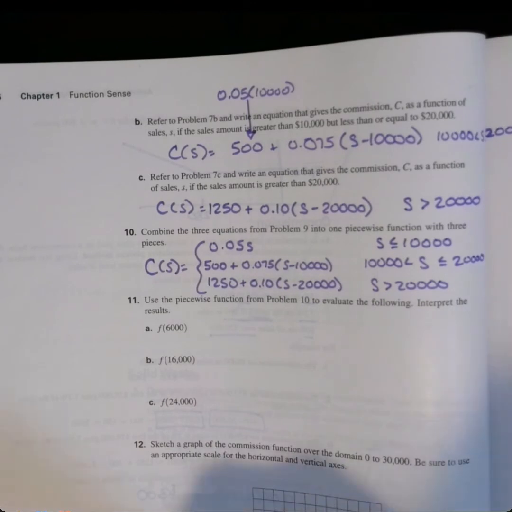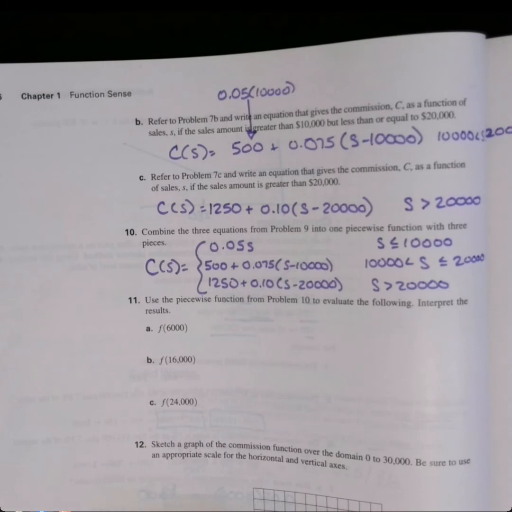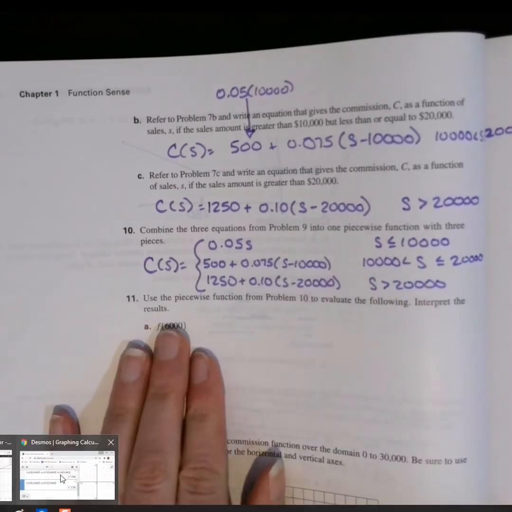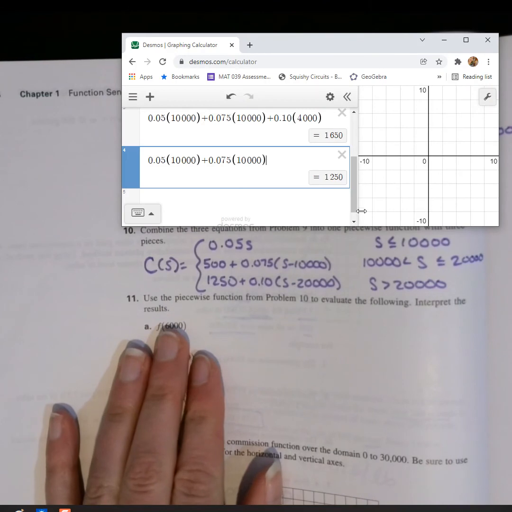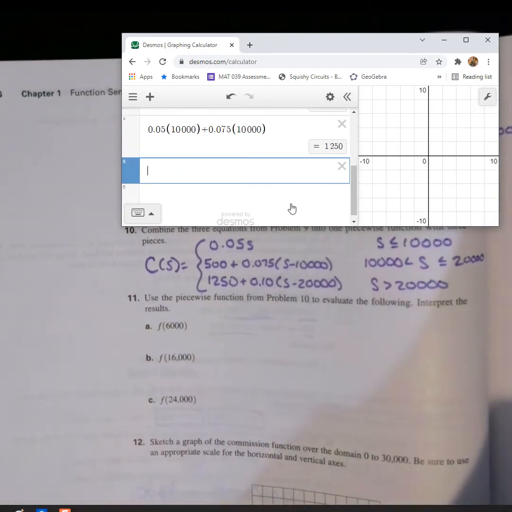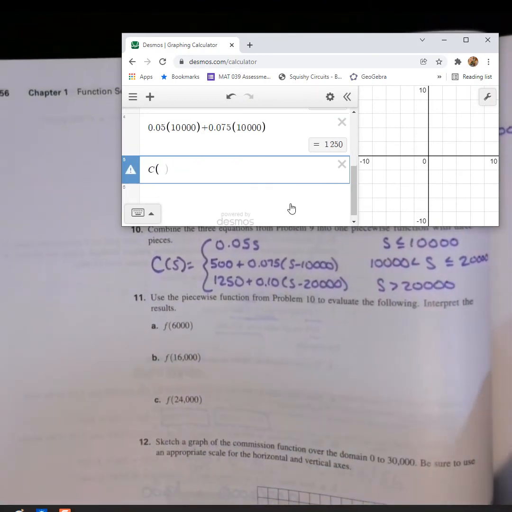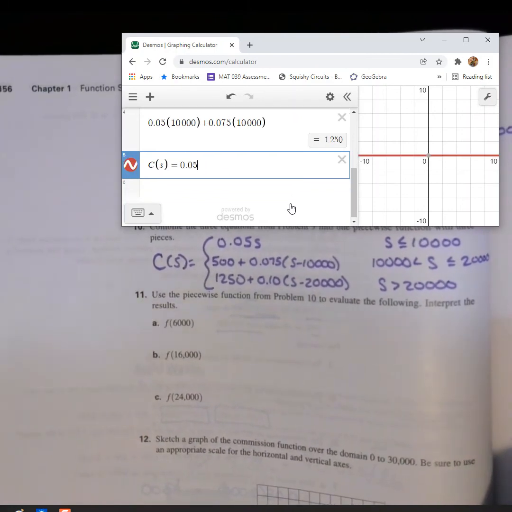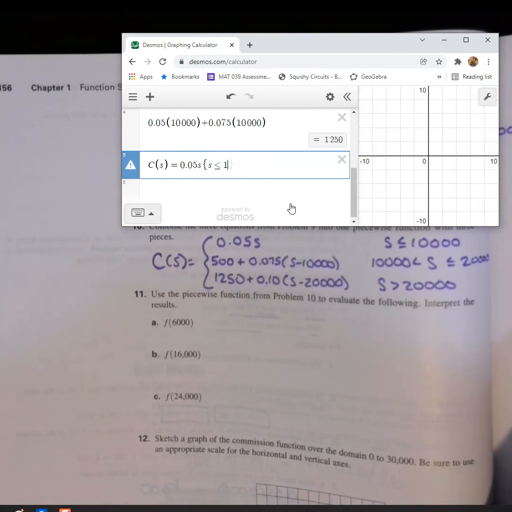All right, so I'm going to use decimals to help make sure my function works here. Okay, so I've got to type in my functions. So C of S equals 0.05 S, we're going to use this piece if S is less than or equal to 10,000.